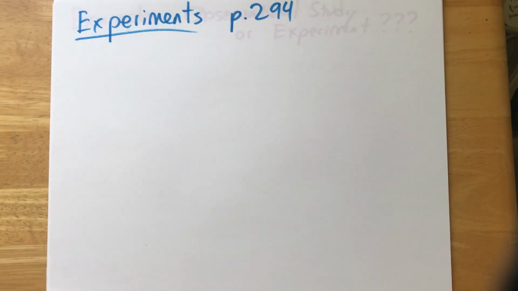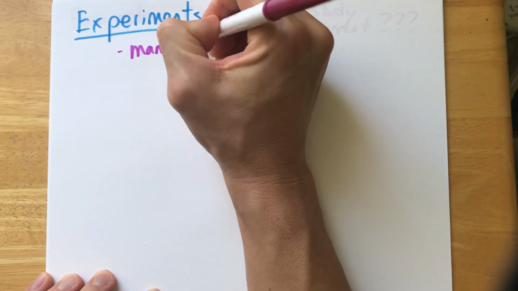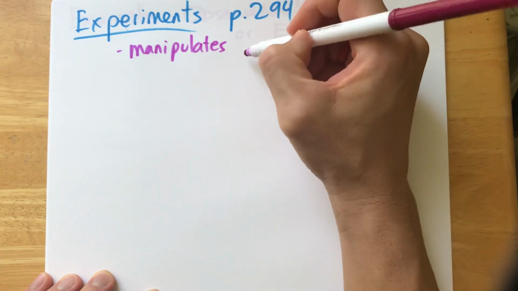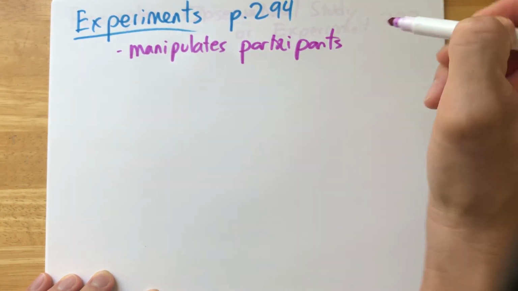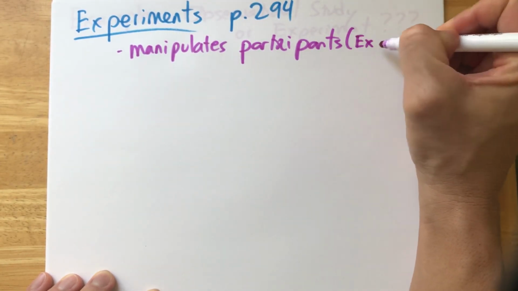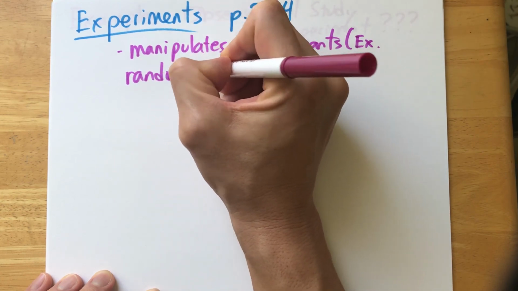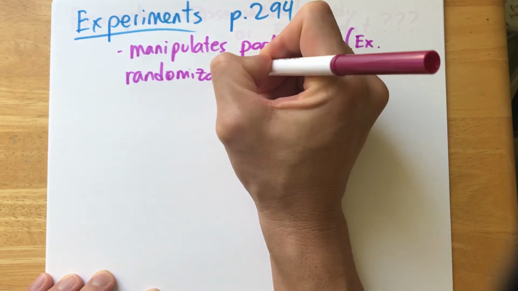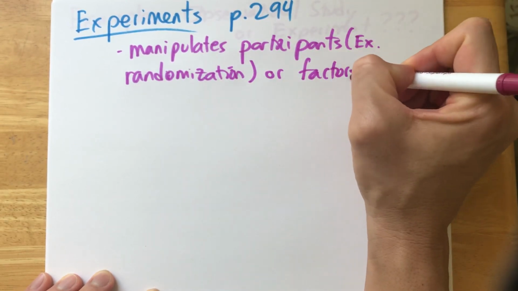Experiments, with the hands, right, manipulate participants. Okay, an example of this, participants. An example could be where you randomize, or factors.